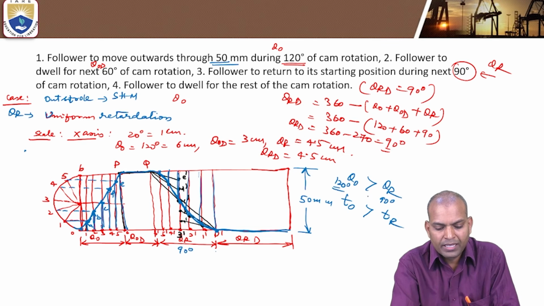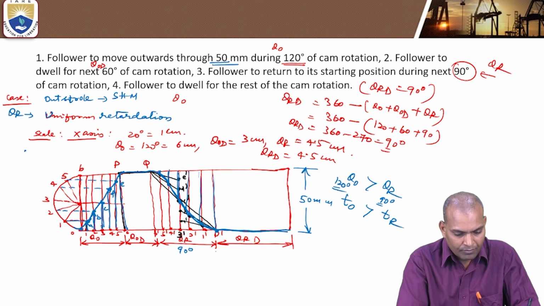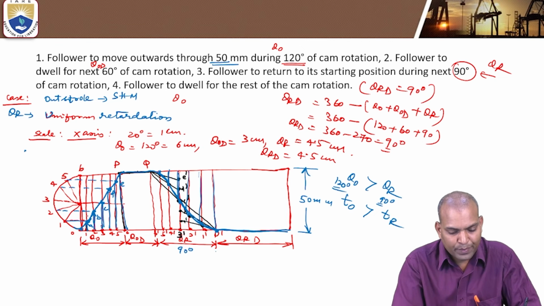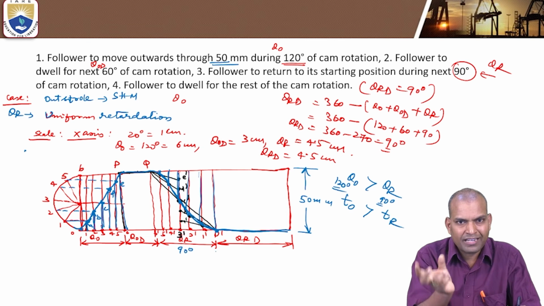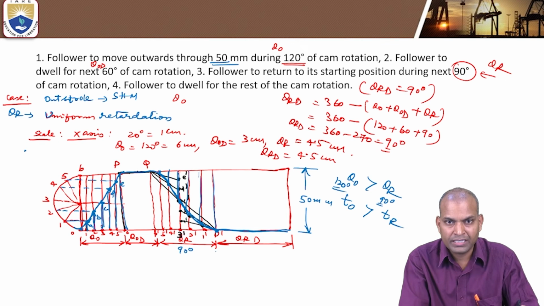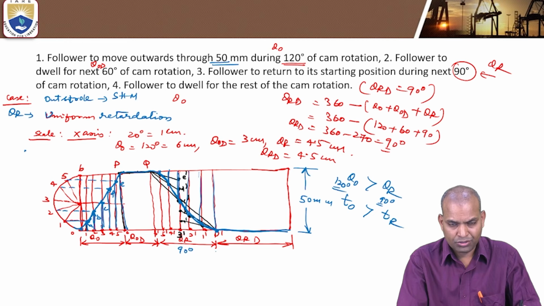So the time taken for rising is more. Why am I telling this? Because more angle of rotation of the cam, that is 120 degrees, takes more time. That is 30 degrees more than the return stroke.